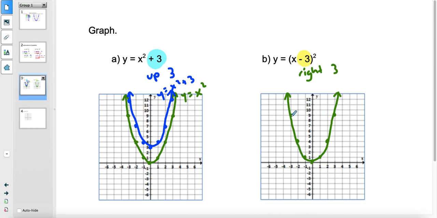I'm going to take my points here and move them 3 units to the right. So take this point, for example, and count 1, 2, 3 units to the right. And take this point, go 1, 2, 3 units to the right. And I'm just going to do the same thing with each of the points here. I'm just going to shift my points 3 units to the right to see what this graph is going to look like.